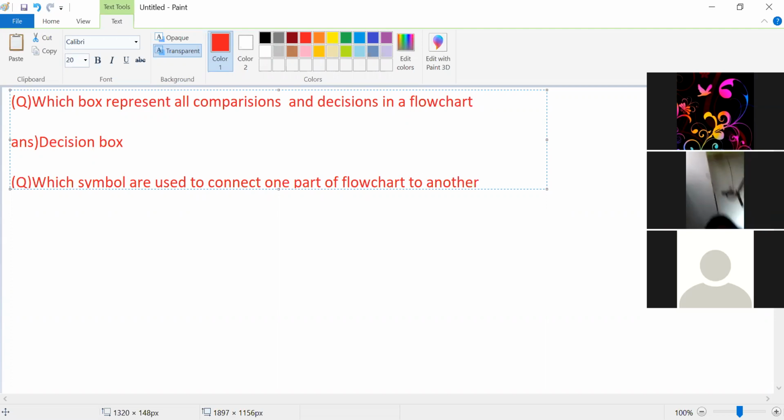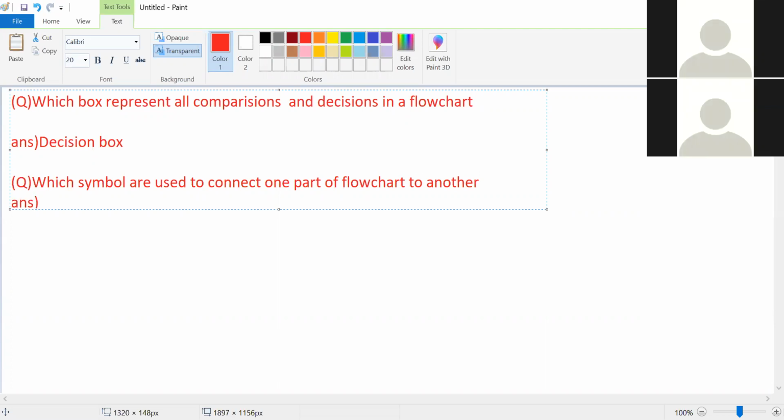The answer is connector. Very good. Connectors are used to connect one part of a flowchart to another.